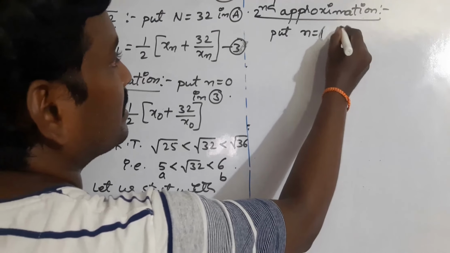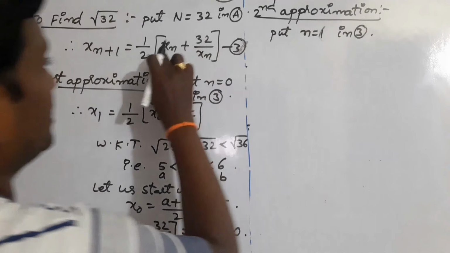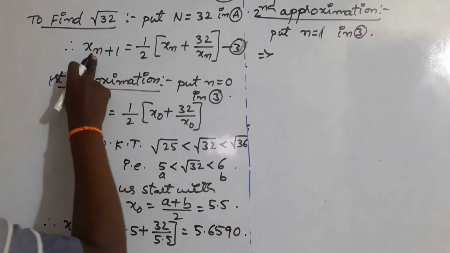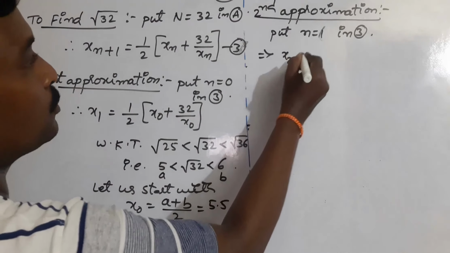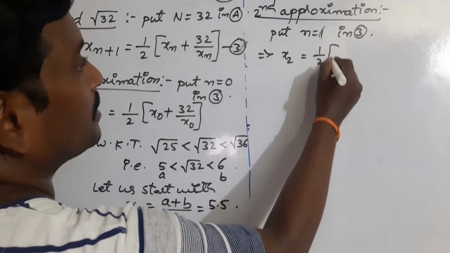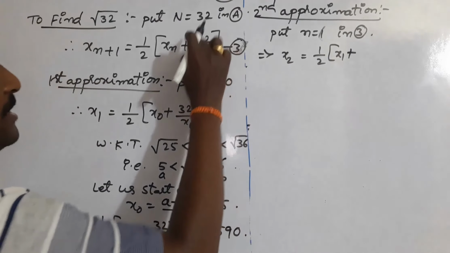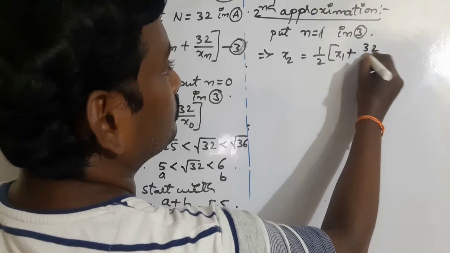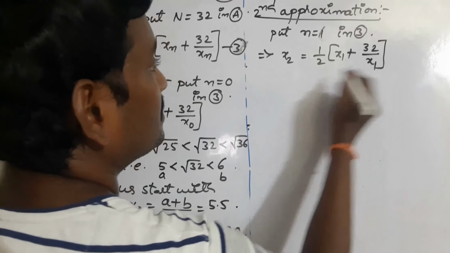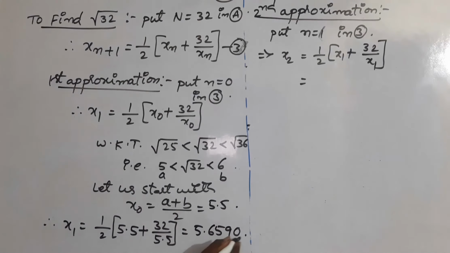n is equal to 1 in equation number 3. So you will get x suffix 1 plus 1, which is x 2, is equal to half into x 1 plus 32 over x 1. We got the x 1 value as 5.6590.